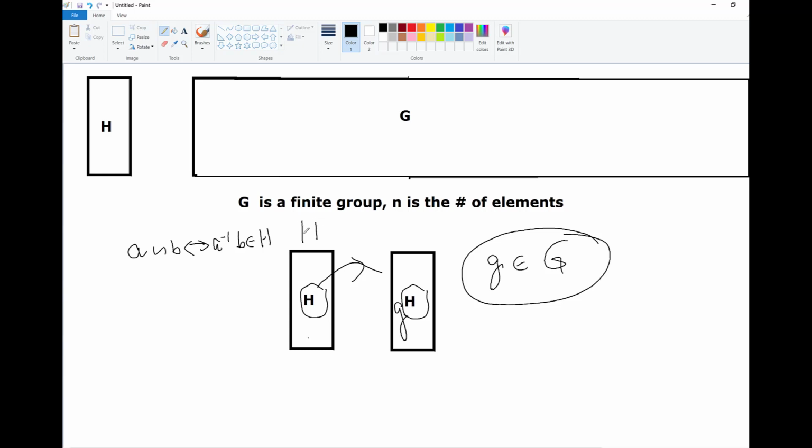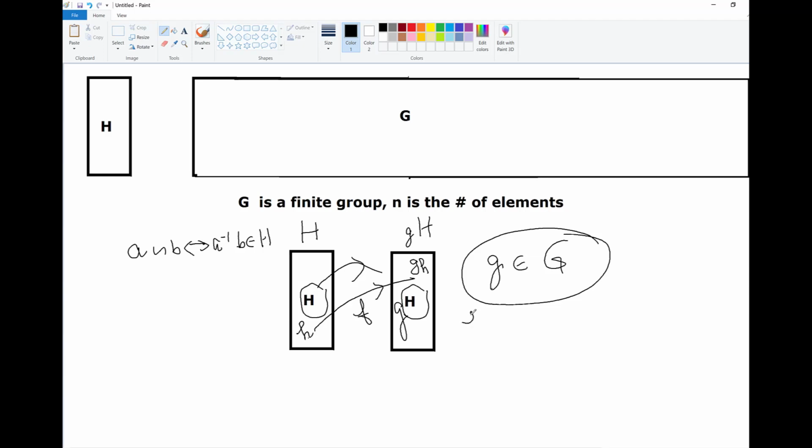So we have H here, and we have gH, and a very natural correspondence to define here would be to carry an element h in here to the element gh in here. Let's call this map f.